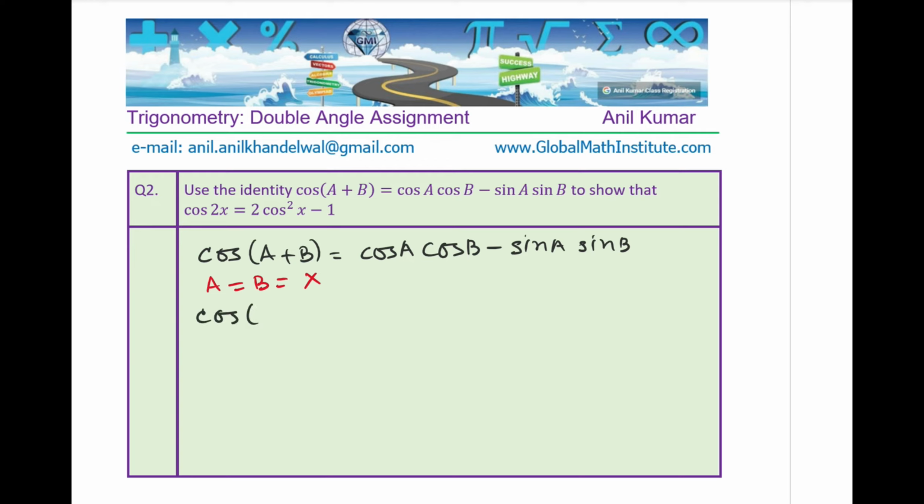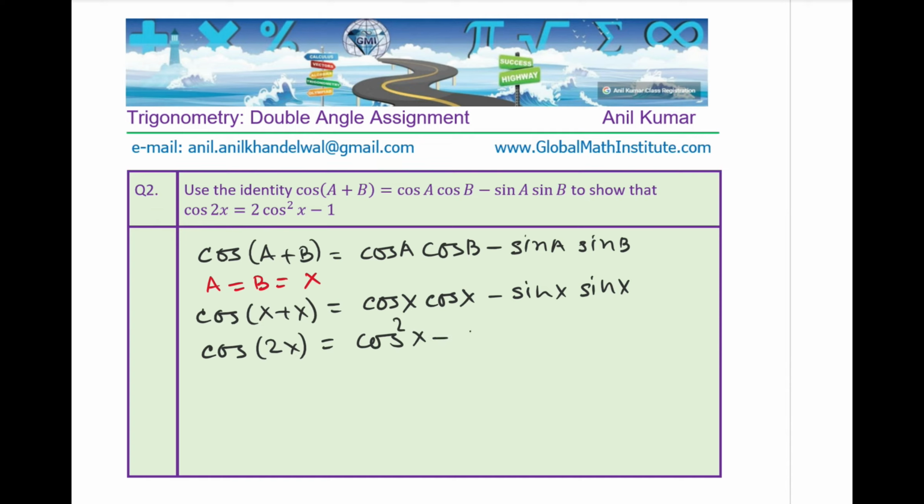I get cos of (x plus x) equals cos x cos x minus sin x sin x, correct? So that is cos 2x equals cos square x minus sin square x. So we got the left hand side.